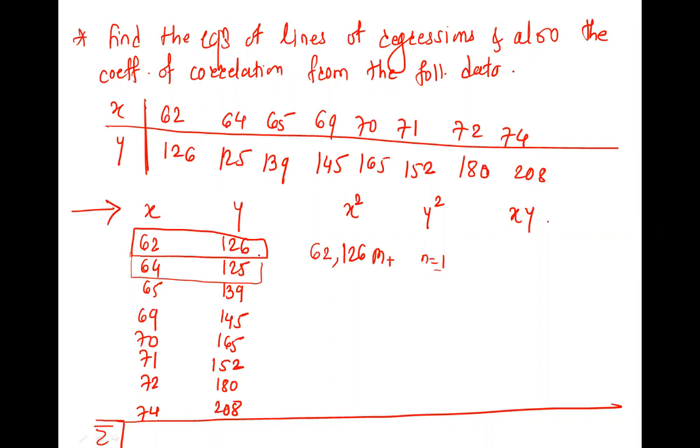So enter all of them. 65, comma 139, M plus. 69, comma 145, M plus. 70, comma 165, M plus. 71, comma 152, M plus. 72, comma 180, M plus, and 74, comma 208, M plus.